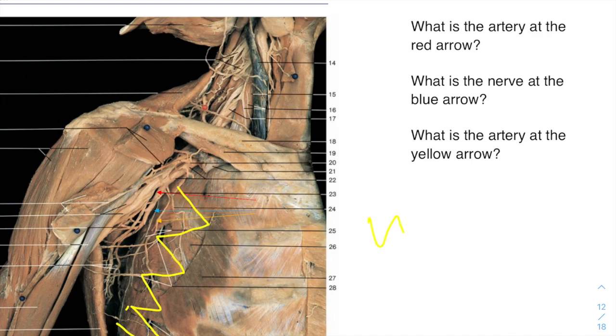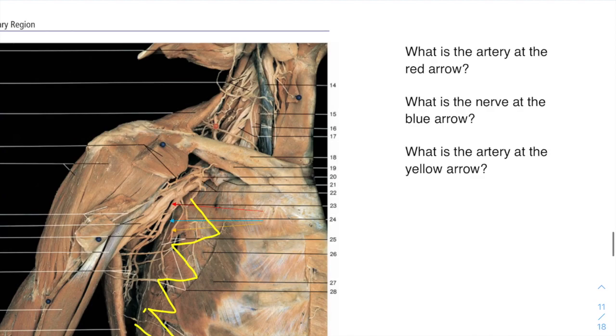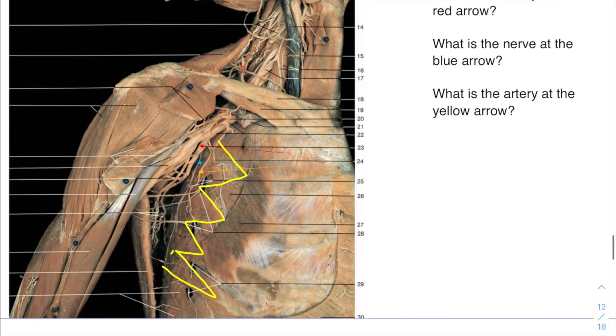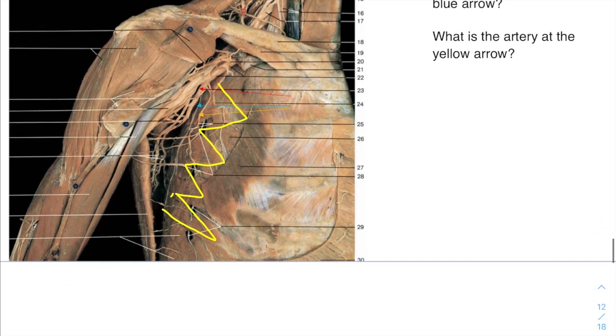And that's why it's called serratus, because if you have a saw and you serrate it, you have this jaggedy edge that's coming out. So this is your serratus anterior, and you want to know the artery and the nerve that supplies and innervates the serratus anterior muscle.